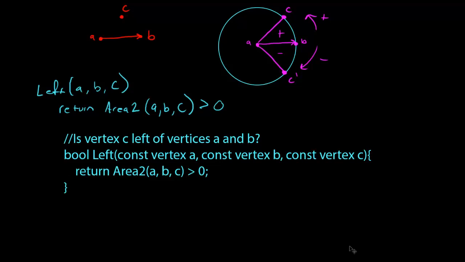So there you go. There's the function I actually wrote. Is vertex C left of vertices A and B, and it's almost identical. Vertex A, vertex B, vertex C. Area 2, ABC greater than 0. Done. There you go. And that'll tell you if C is left of A and B.